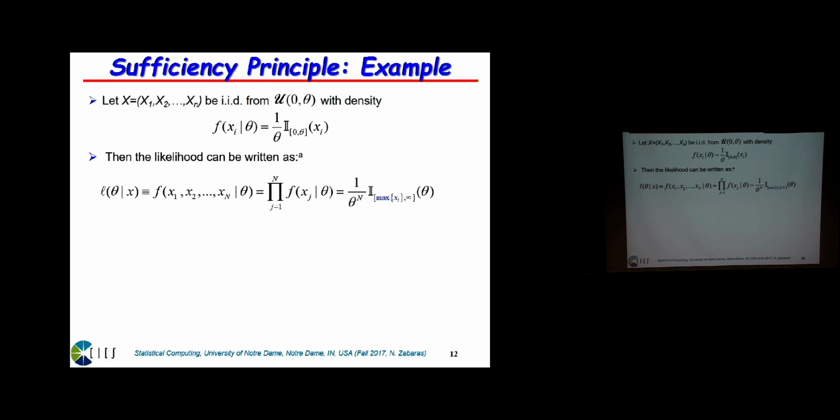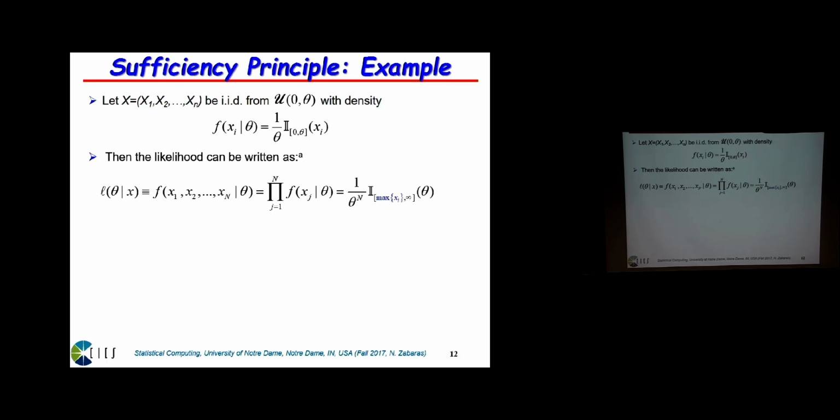Do you agree with this? So if I take all of this and multiply them together, can I write them like that? From where is that coming? Remember, all of these terms that come in this product will be non-zero if xi is from 0 to theta.